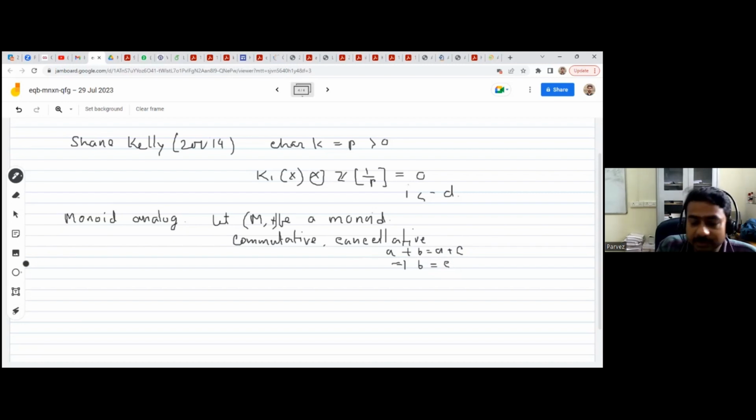So the example to keep in mind is a polynomial ring with n variables, say k a field, k[x1 to xn]. You take any monomials and take the ring generated by these. So that will be a monoid algebra. M you can take to be any finitely generated set of monomials from here.